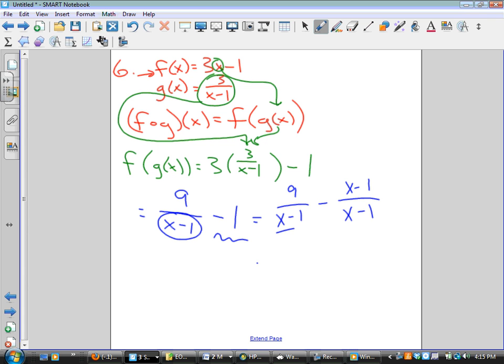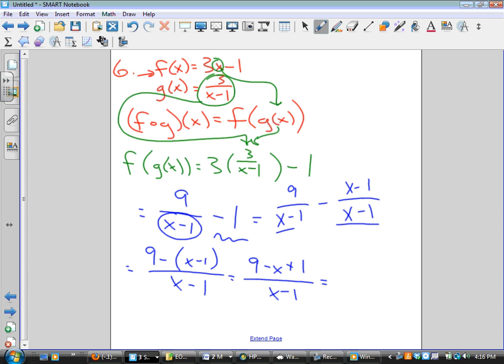Now that our denominators match, we can combine the numerators. So we can say 9 minus x minus 1, all divided by x minus 1. To simplify this, we can distribute the negative. So we get 9 minus x plus 1 divided by x minus 1.